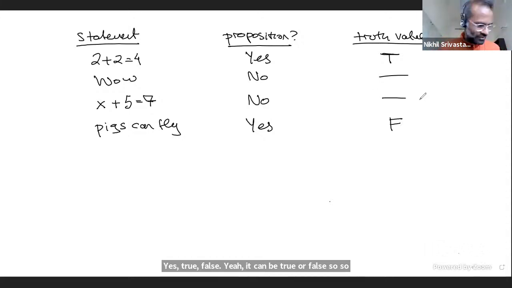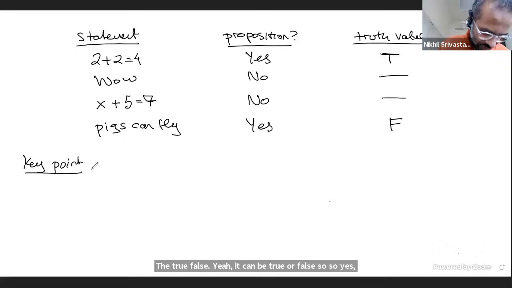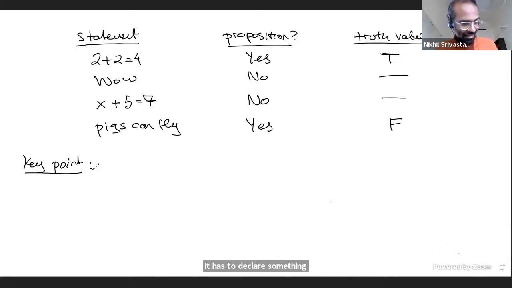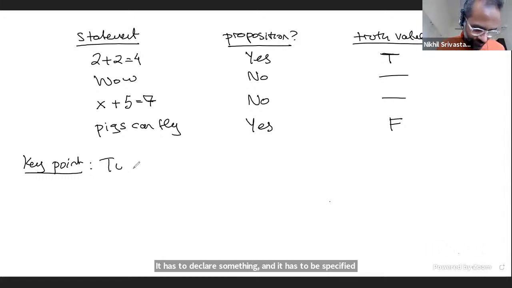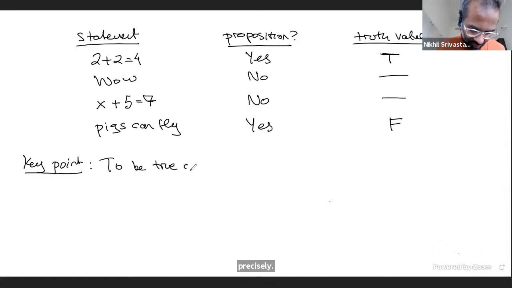Okay, so the key point is that in order for something to be a proposition, it has to declare something, and it has to be specified precisely, so that it can be true or false.